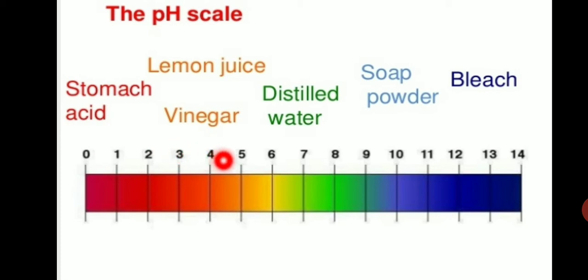Okay, 5. The normal coffee shows pH 5. Then soft drinks are mostly pH 6 in range, and our milk is 6.5, and pure water shows the range 7. And then as we move from here, the basic character increases. The saliva in our mouth, before the meals, shows 7.4.